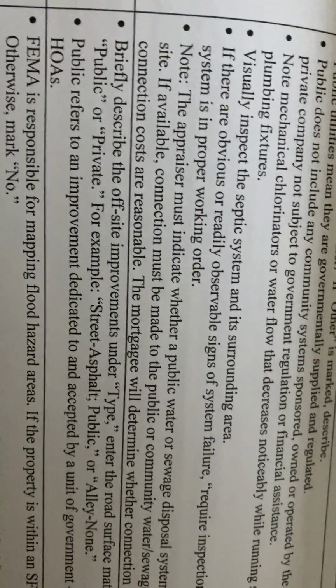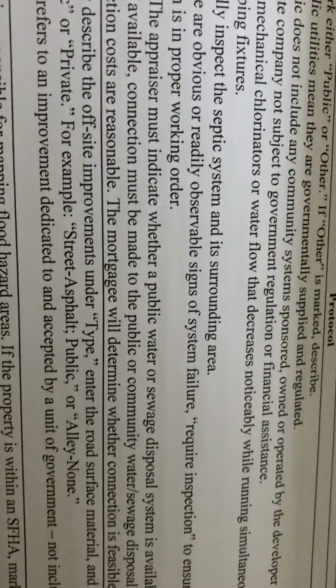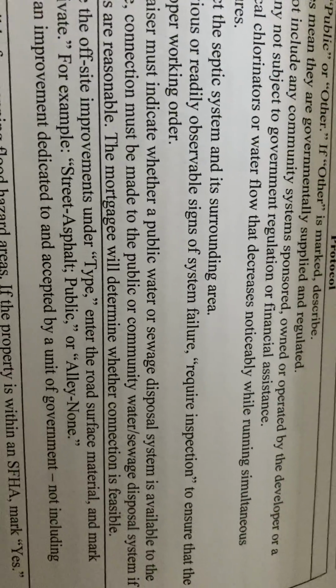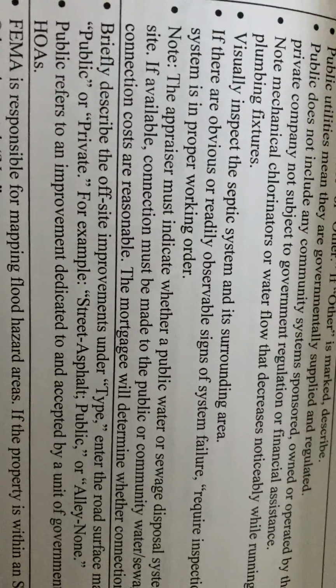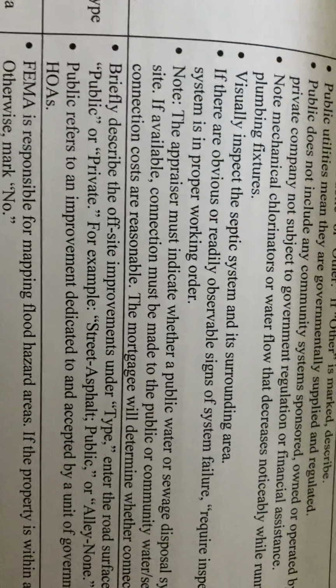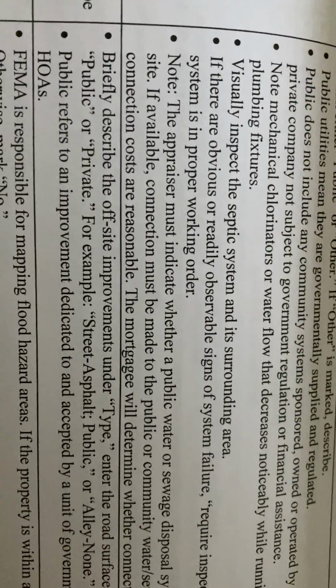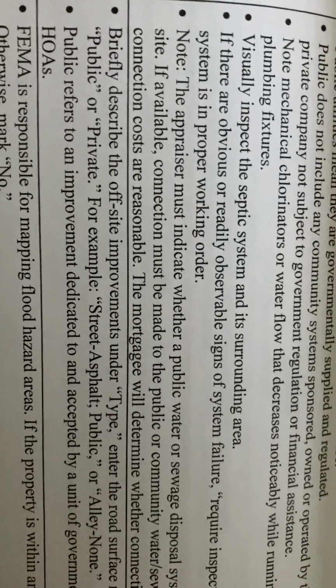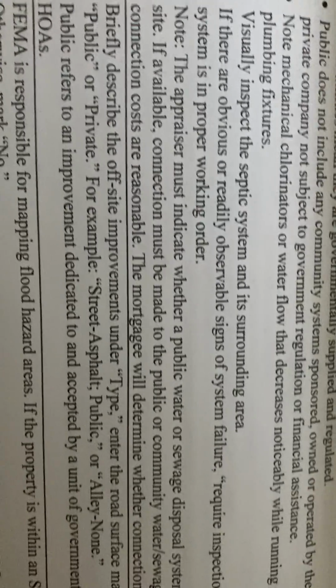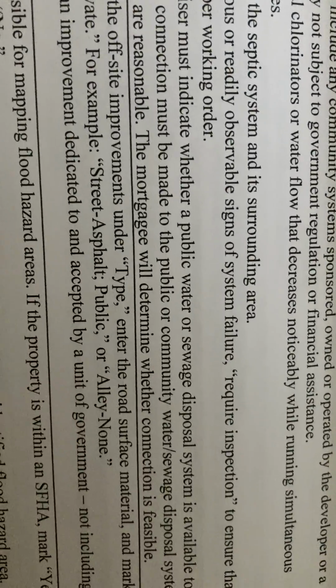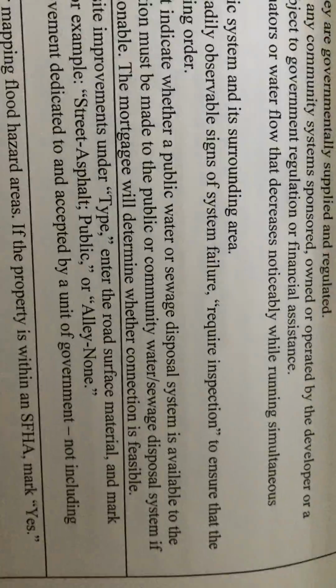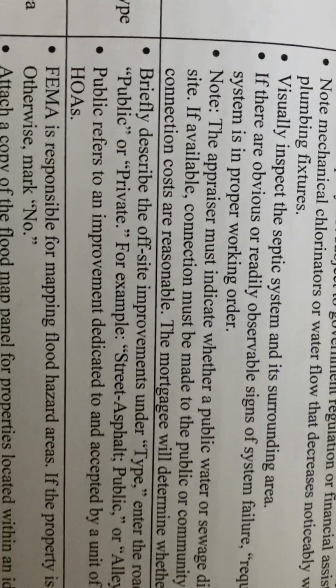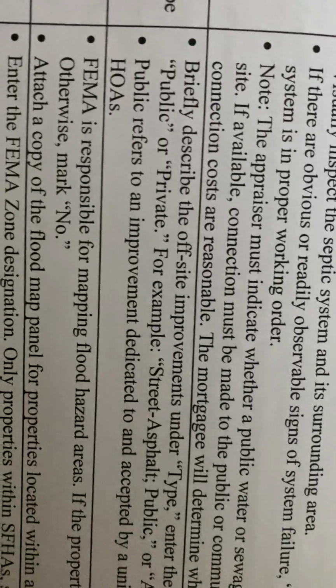Note mechanical chlorinators or water flow that decreases noticeably while running simultaneously plumbing fixtures. Visually inspect the septic system and its surrounding area. If there are obvious or readily observable signs of system failure, require inspection to ensure that the system is in proper working order.